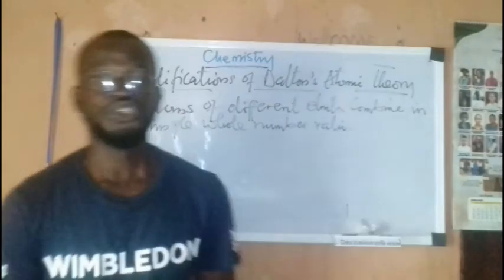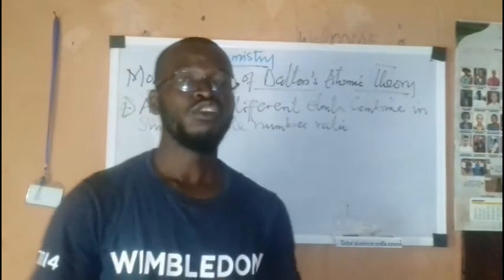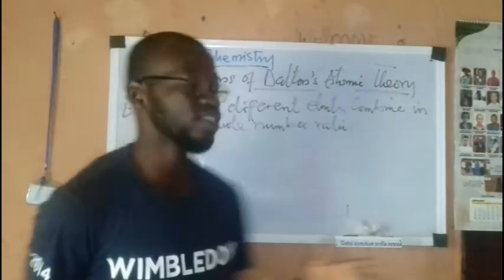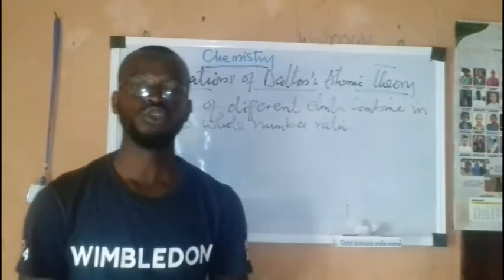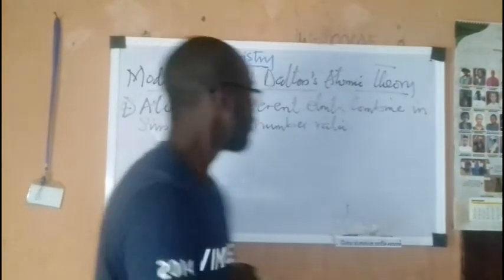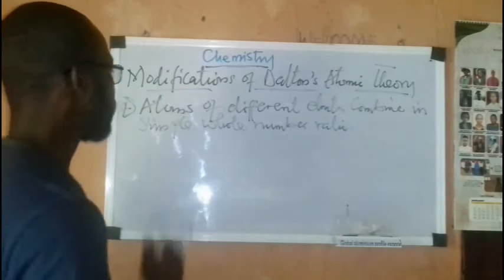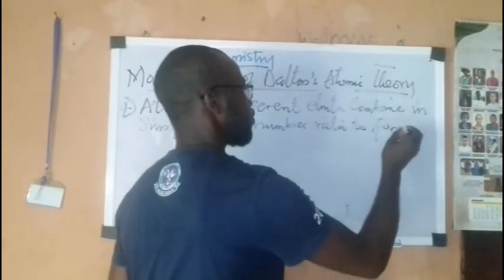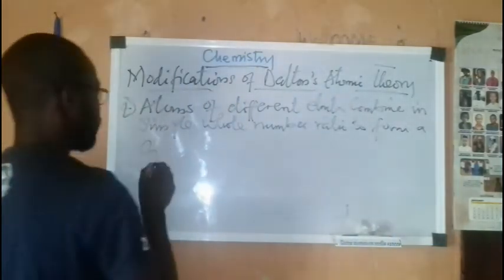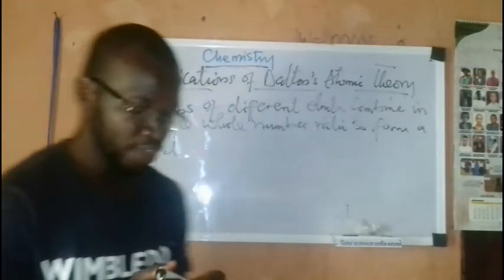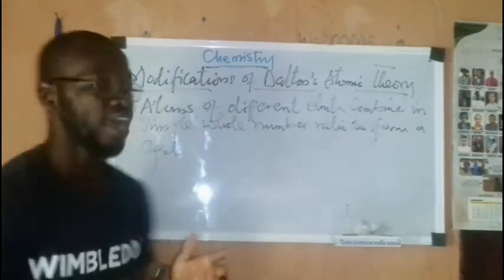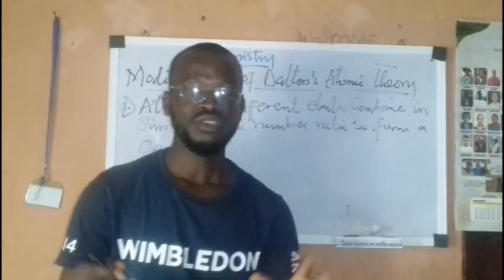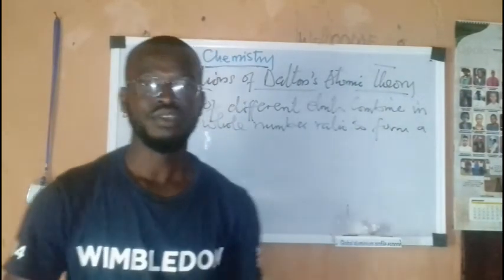In the fourth theory, he says that atoms of different elements combine in simple whole number ratios to form a compound. Now this also has its own limitation when organic chemistry was discovered.